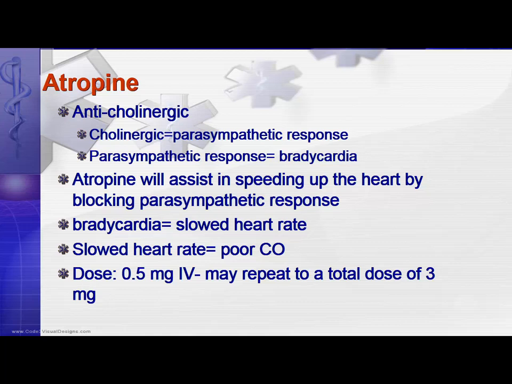We don't want to give a drug that's going to make the heart stroke harder right now. We don't want to give an inotropic agent. We want to give something that's going to speed the heart rate up, because if the heart rate will speed up, then we will be able to get a better stroke volume out. Okay?